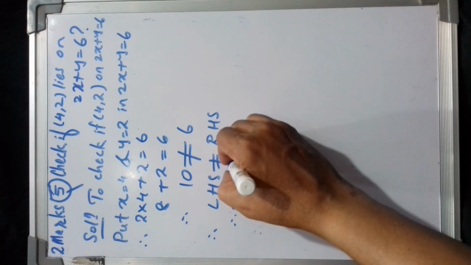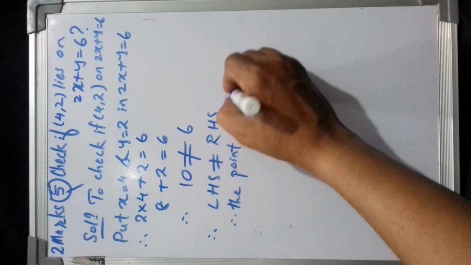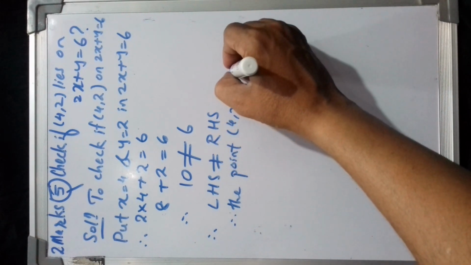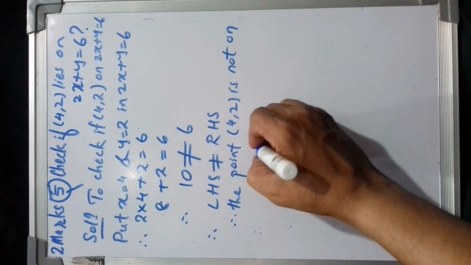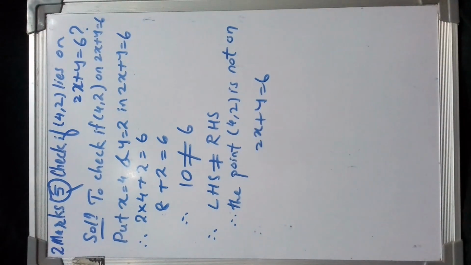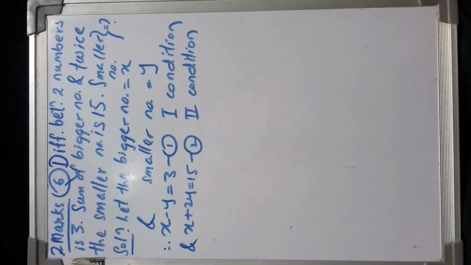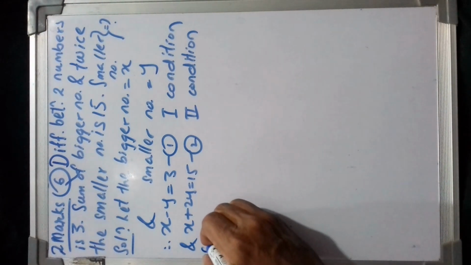So that becomes 2 into 4 plus 2 is equal to 6. That is 8 plus 2 is equal to 6. So this becomes 10 on the left side and 6 on the right side. Therefore the left side is not equal to the right hand side. That's why the given values 4 comma 2 are not the solution, or they do not lie on the given line.